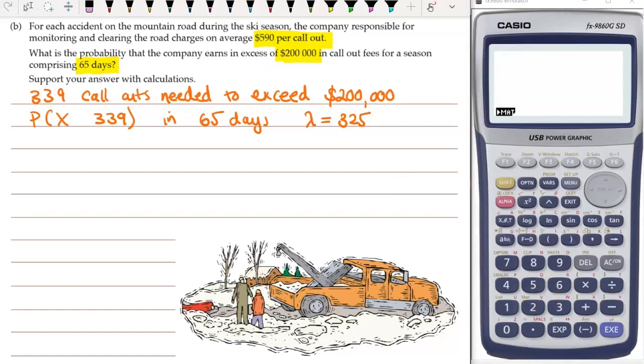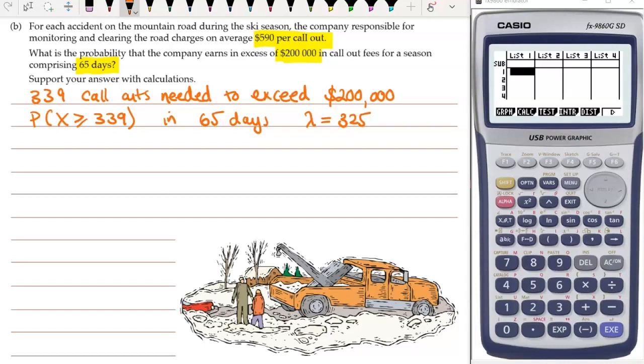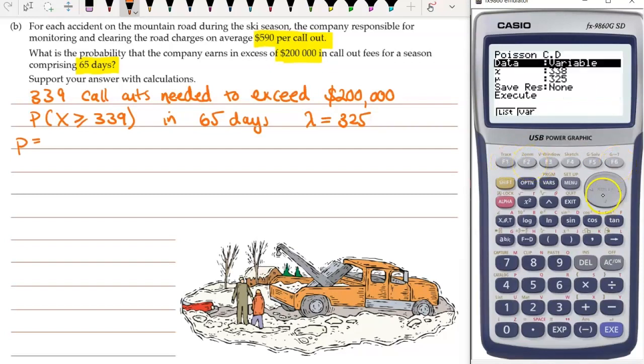I just spotted there should have been a greater than or equal to 339 just there. So that probability we're working out, if we go to distributions, Poisson, we're doing cumulative. Now we want everything that's 339 or more, so I've set my x to be 338 because it will go up to and including.